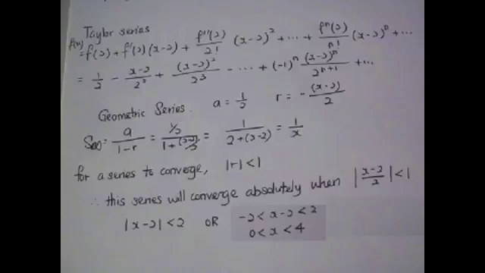Simplify that, we'll get the modulus of x minus 2 is less than 2, or we can write it as the interval when x is between 0 and 4. That's all.